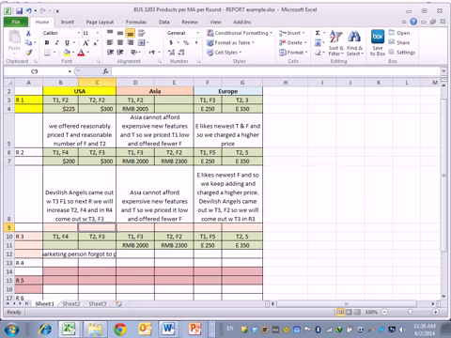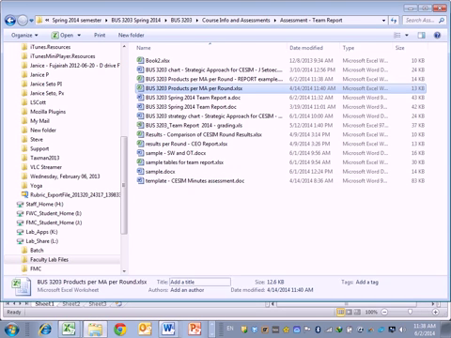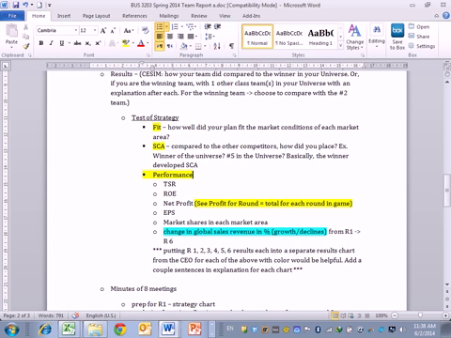So remember, the first one is fit with the market. The second one is SCA. Remember, SCA stood for sustainable competitive advantage. So compared with the other competitors, how did you place?